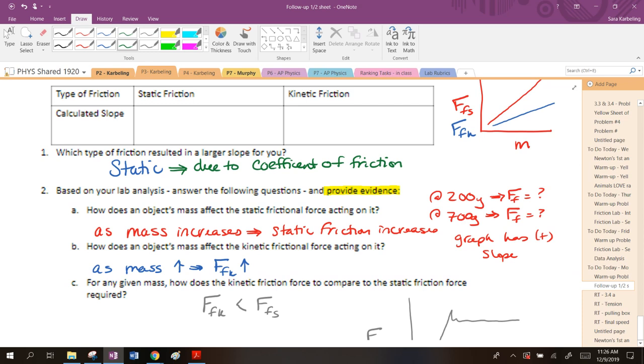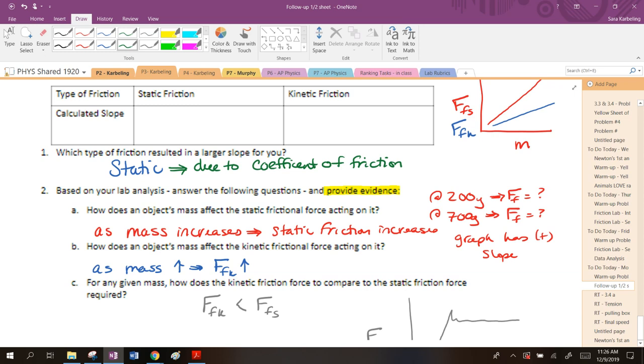Ice, right? Because there is a lower coefficient of friction. The coefficient of friction is marked on the graph essentially by the slope. So not only is the coefficient of friction dependent on the materials, but it's also dependent on whether it's not moving or is moving.